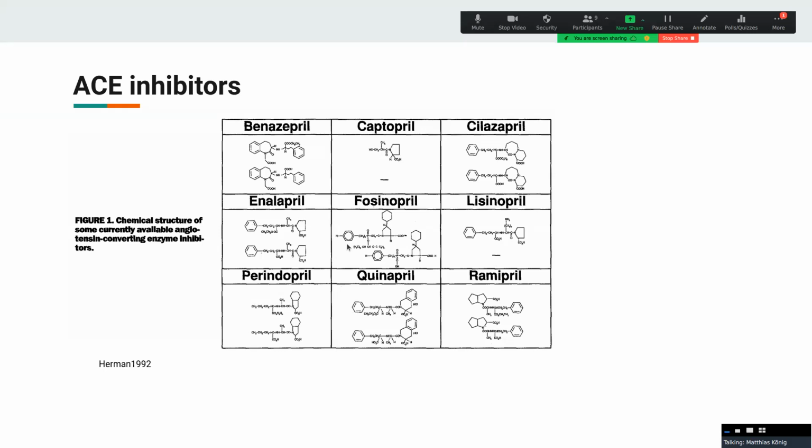Examples for that are lisinopril, which is a modification of enalapril. You can also see that some of the other molecules look very similar, like cilazapril and quinapril.